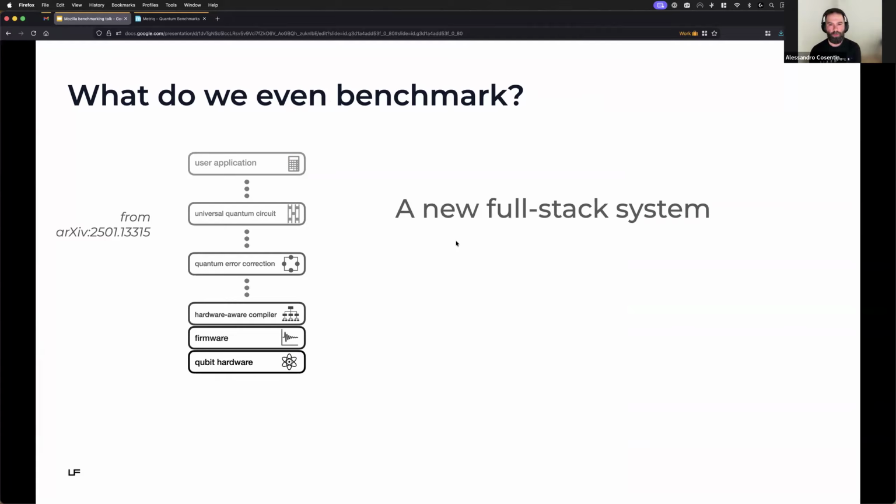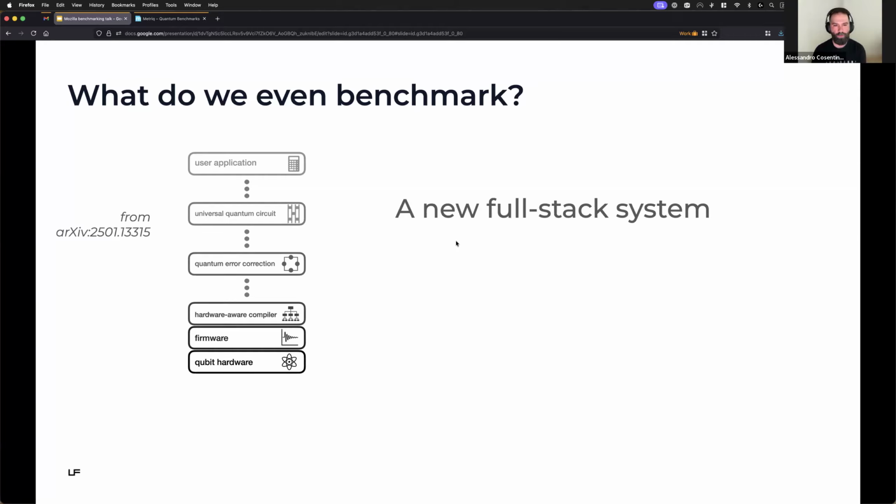It's a completely new full-stack system from the top to the bottom. So we are rewriting, and when I say we, of course, I mean the whole quantum computer community, are rewriting each single layer, starting from the programming languages that we use to write software, to the compilers, to optimizers.